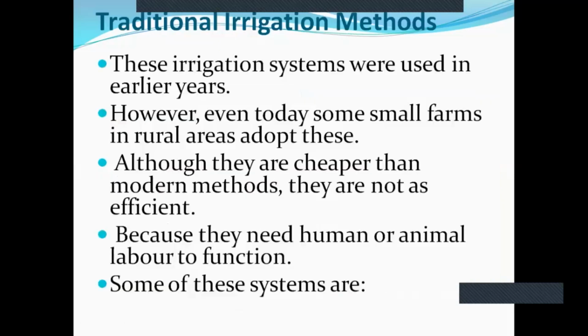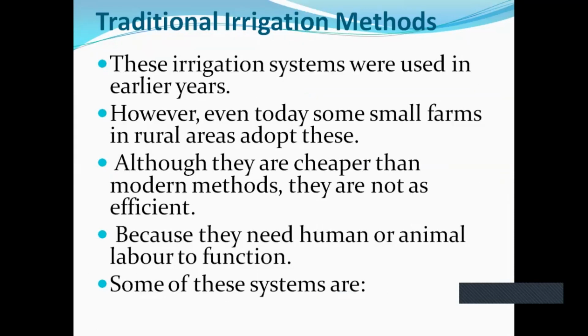Water supply is very important, and traditionally a few methods were used by the farmer in olden times to irrigate his land. These systems were used especially in rural areas and in olden times.